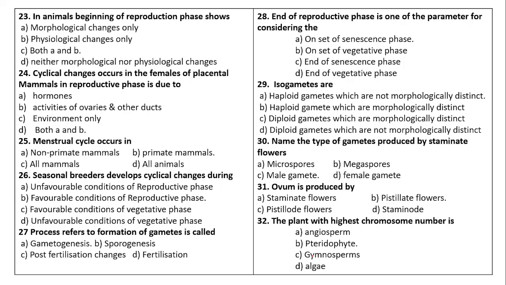So in case of animals, during the reproductive phase, both morphological as well as physiological changes can be seen. So option A and B both are correct, that is why both are there in option C. So C is the correct answer.